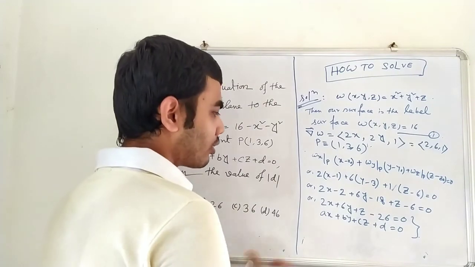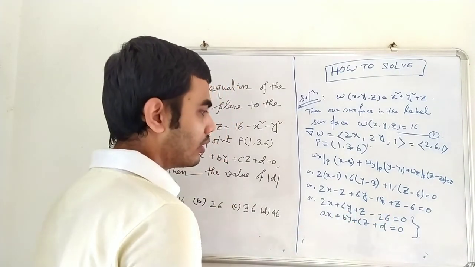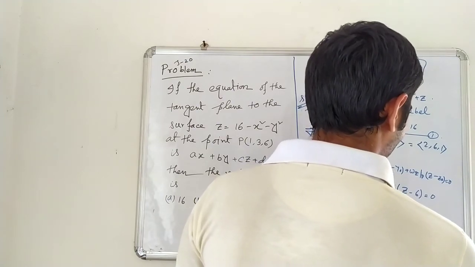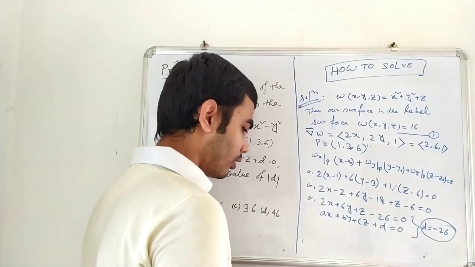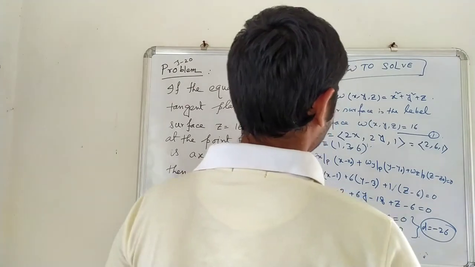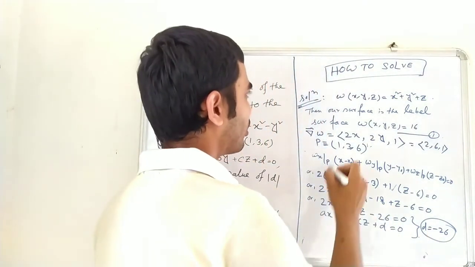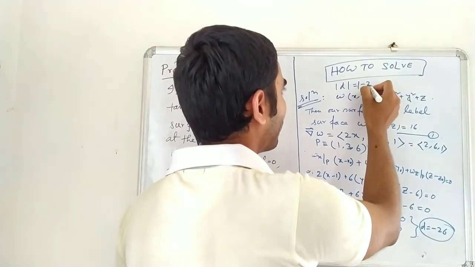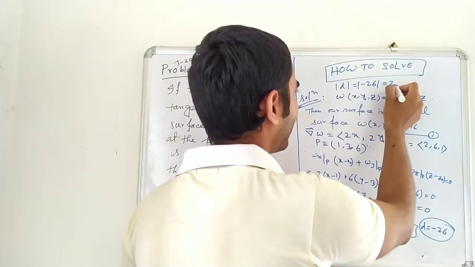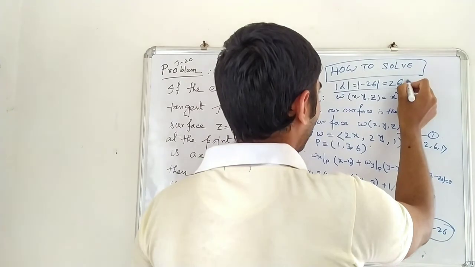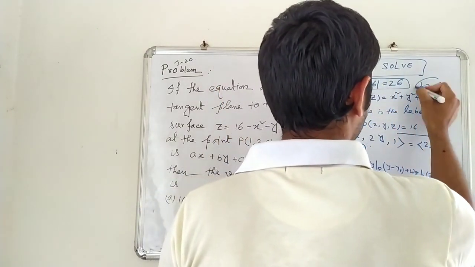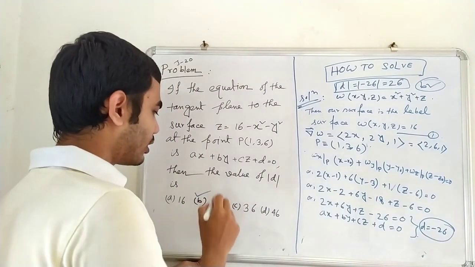Comparing the coefficients of these two equations, we get d equal to minus 26. So the modulus of d is the modulus of minus 26, that is 26. So option B is correct. Clear?